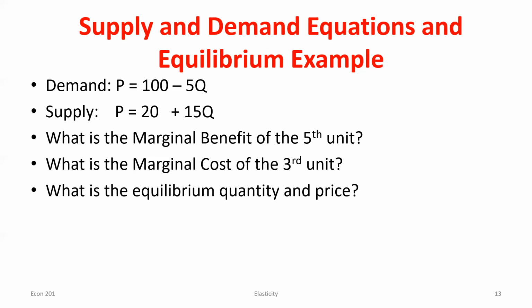Just a little bit of algebra here. Okay. So I'm going to subtract 20 from both sides. I'll try to break this down step by step. And the next step is add this 5q to both sides.